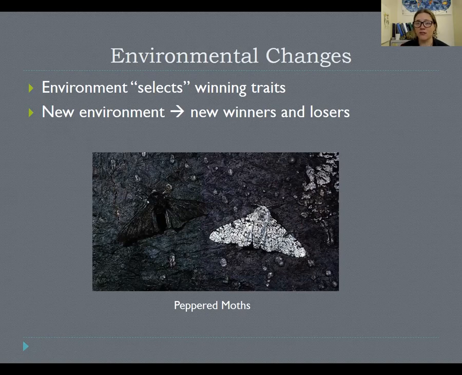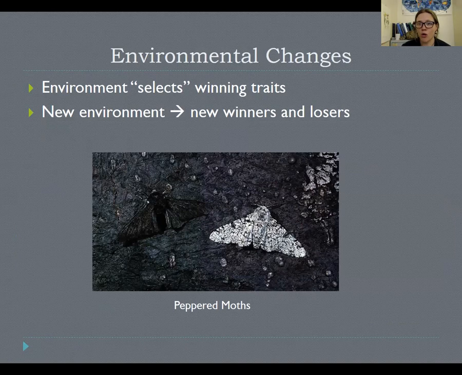This was particularly possible because these moths have a very rapid reproduction and generation time, right? If you are a human and you're only having a new baby after you get to be 20 years old or so, then it's going to take a lot longer for changes in traits and adaptations to take place.